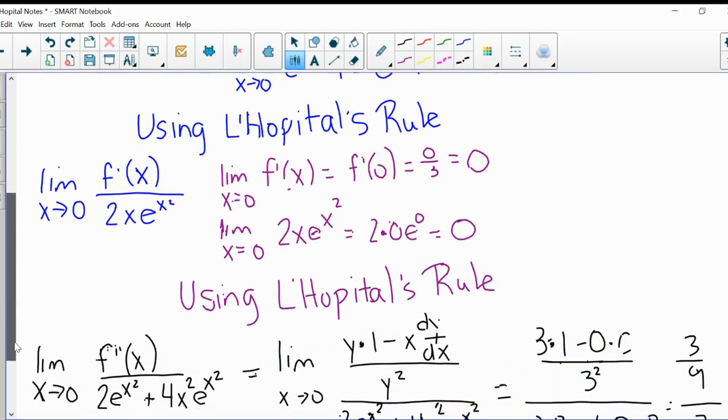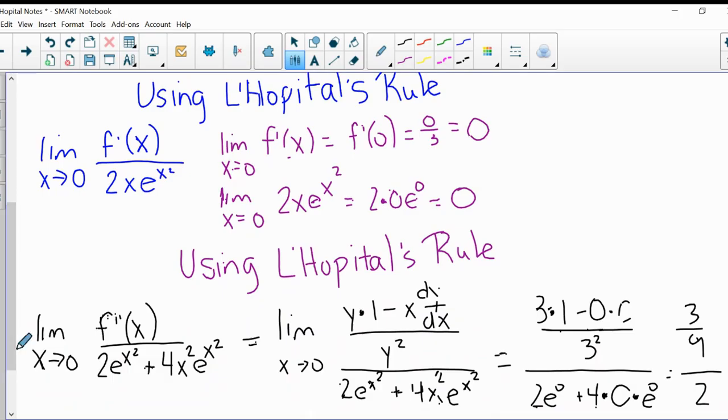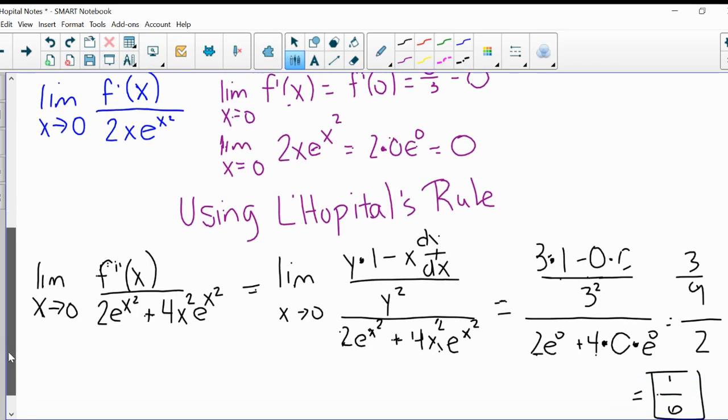So now derivative of the numerator is f double prime of x. Dy dx was defined as x over y, so I need to do quotient rule here. And so that would be low d high minus high d low all over denominator squared. In the denominator, we've already taken the derivative there, so 2e to the x squared plus 4x squared e to the x squared.